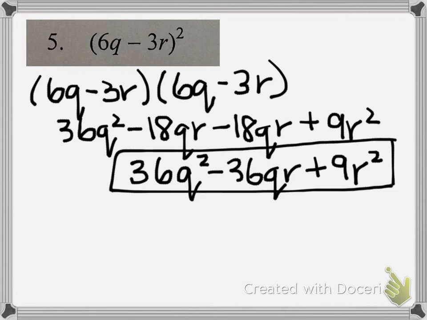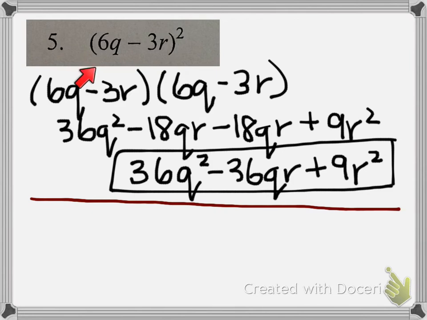So that's one way to approach this problem. But if you notice, this problem also can be solved with a little bit of a shortcut. There's a pattern for a binomial squared that gives you a perfect square trinomial. The pattern is we take the first term and square that term.